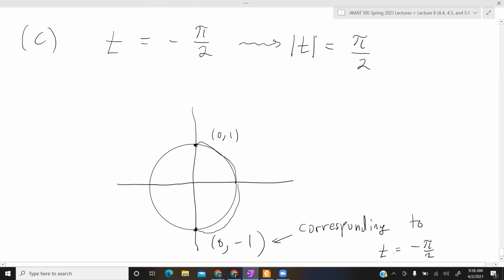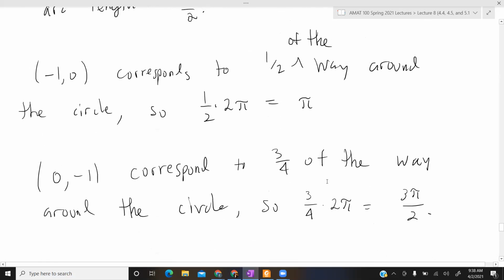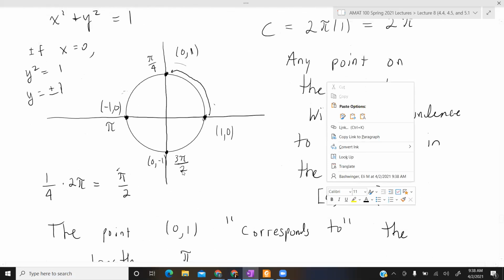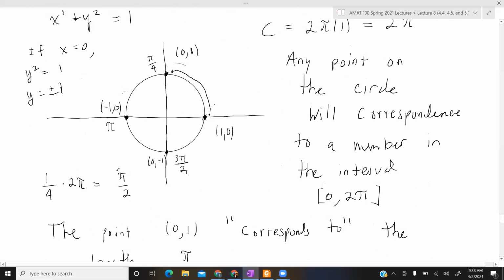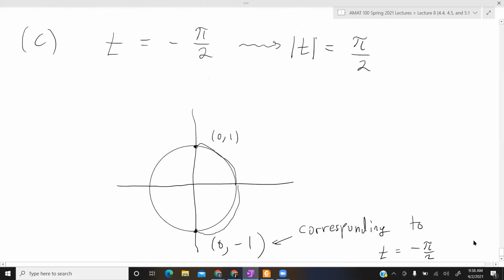Notice this point is also, as we determined above, if you're going counterclockwise, determined by 3 pi over 2. So again, this number right here is different than the number we just looked at, -pi over 2, but yet they determine the same point on the circle.